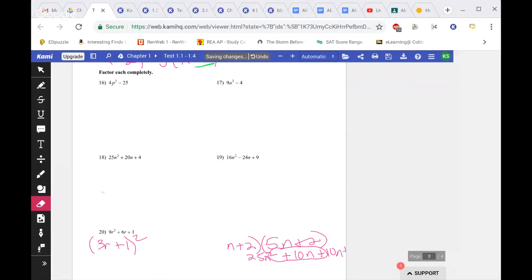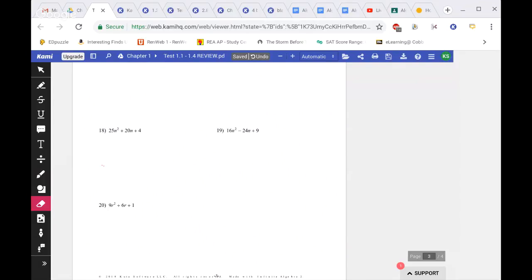Okay, good. Now on number 20, it's also a perfect square, where you can look at that first term and see that it's a perfect square.